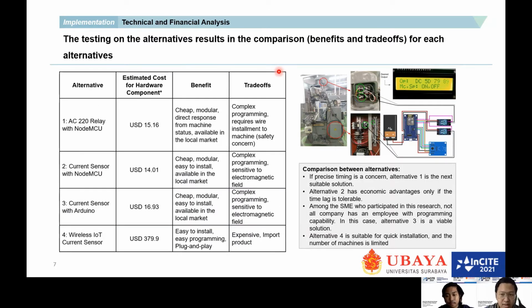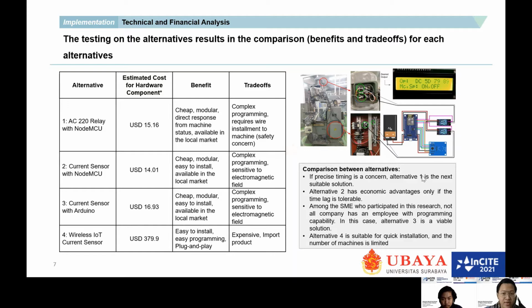The testing results in the comparison of benefits and trade-offs for each alternative. The benefits and trade-offs are summarized during the testing, implementation, and group discussion with the industry counterpart. Alternative 1 has more precise results compared to the other alternatives. Alternative 2 has economic advantages only if the time lag is tolerable.